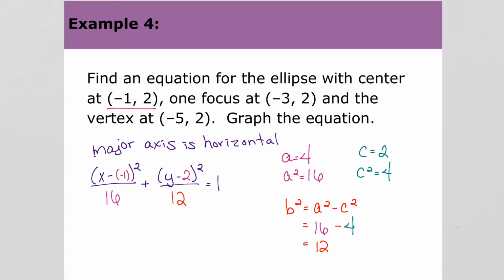And we will rewrite that. So we don't want to leave it as x minus -1. So it'll be x plus 1 squared over 16 plus y minus 2 squared over 12 equals 1. So there's our equation, and we've already graphed it because we used the graph to help us write the equation.